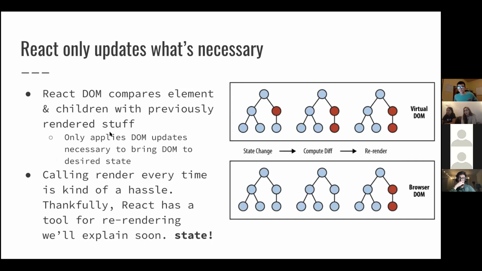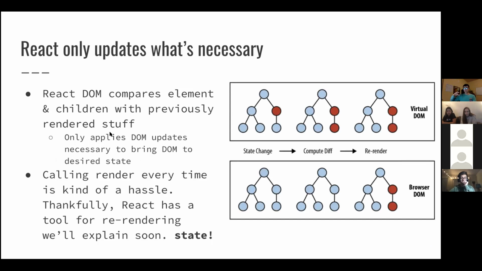And then this is a slide that talks about how React is efficient and only updates what's necessary. I mentioned this briefly before, but the reason why we have a React DOM in the first place, and don't just have the DOM itself, is because we want to be computationally efficient and not be doing low-level DOM operations when we can just be doing something in memory.